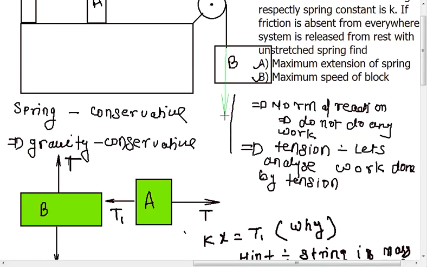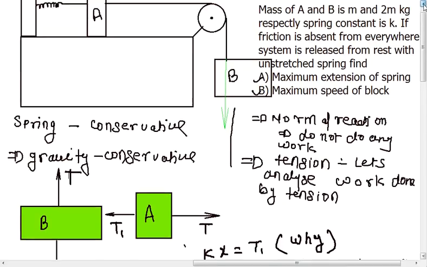Okay guys, so the length of this spring is going to be constant, so this will move to this point.